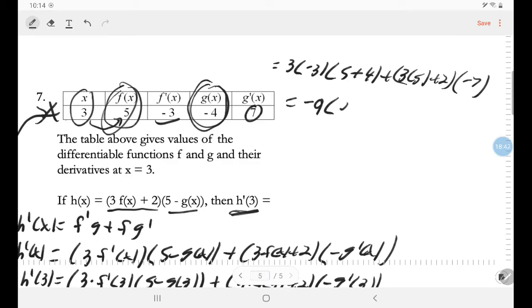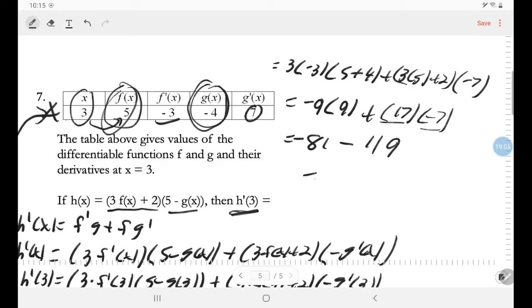So I get negative 9 times 9. 15 plus 2 is 17 times negative 7. That's negative 81. Plus, well, it's going to turn into a minus, actually, because I'm taking a positive number times a negative. So minus 119.